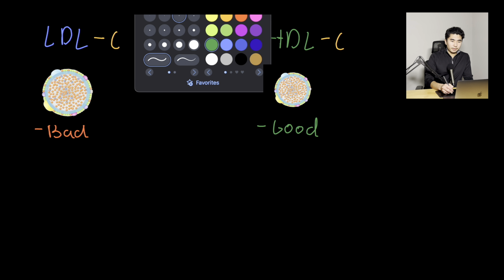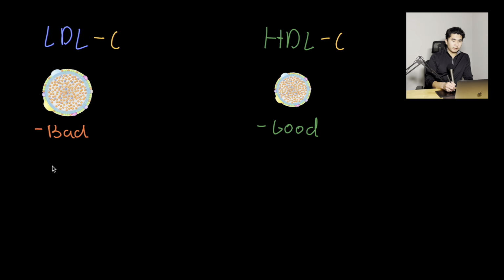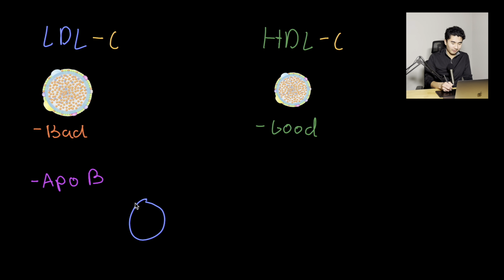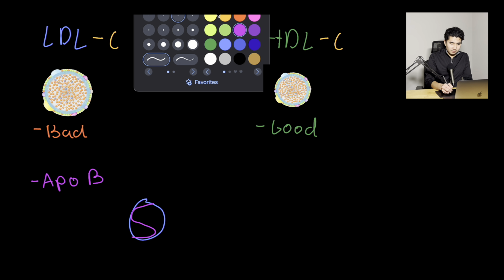Now, in most LDL lipoproteins, there's going to be this protein known as Apo-B. And the Apo-B is a protein that's attached to lipoproteins, to these LDLs. So if I could draw this as a rough sketch, please be patient with my drawing because I'm not an artist in any way, but let me put some cholesterol in here.